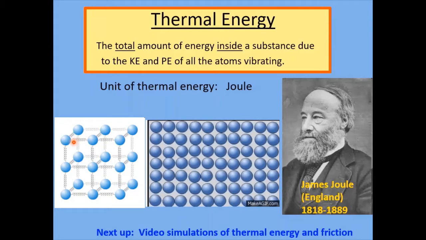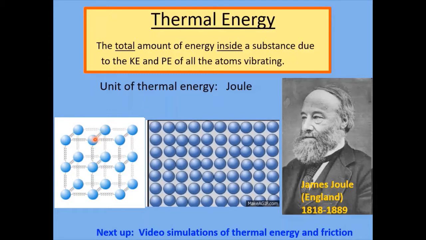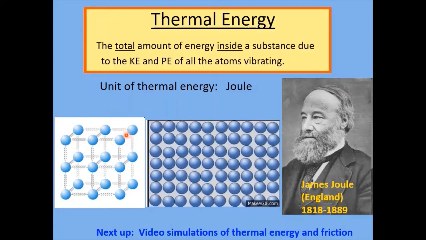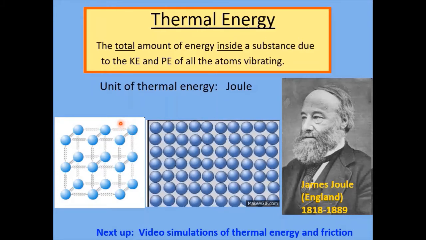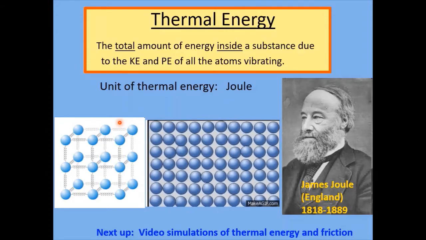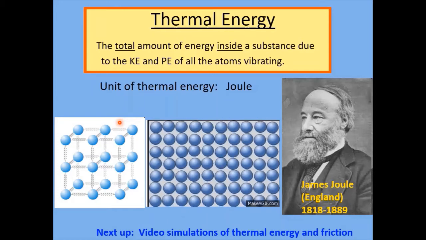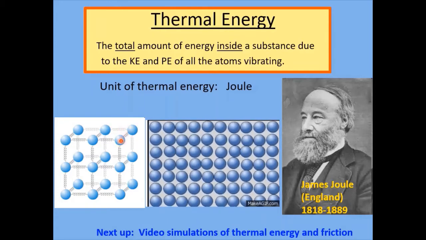By the way, the atoms are represented by these blue spheres here, and the bonds are represented by springs because the atomic bonds actually behave like springs. They can be compressed or stretched, and they store elastic potential energy. But because of these springy bonds, the atoms can wiggle around and vibrate.